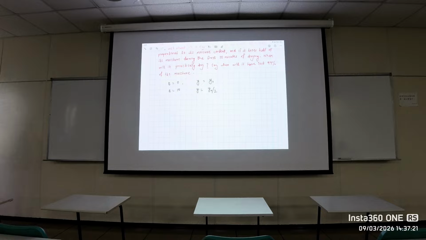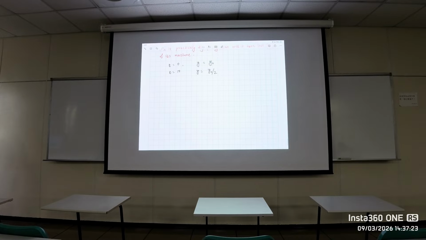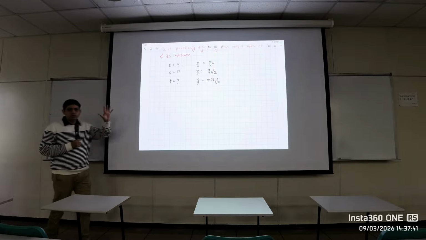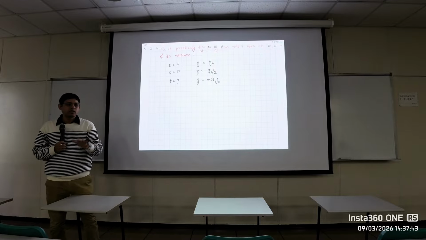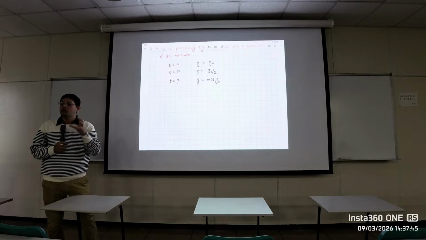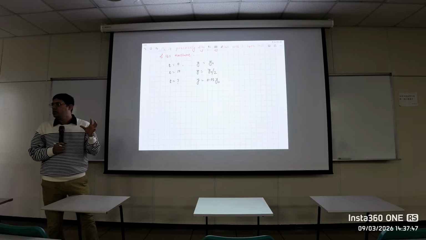And then the question is, what is the time t? We need to find out when your y is equal to 0.01 y0. So y0 is the value that we are considering at the initial point, how much moisture is actually in your wet sheet.